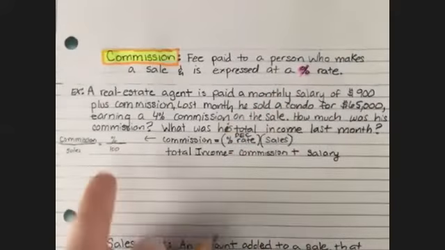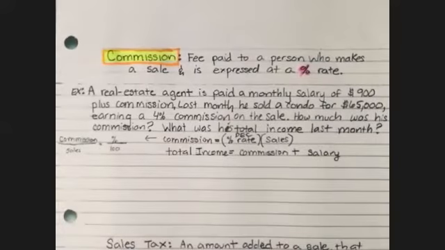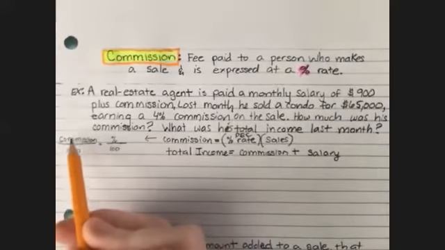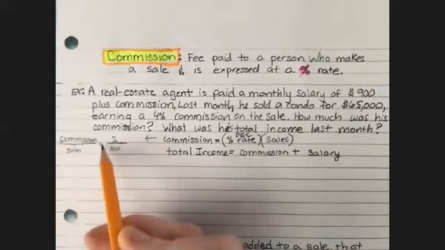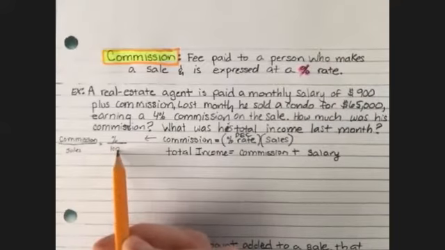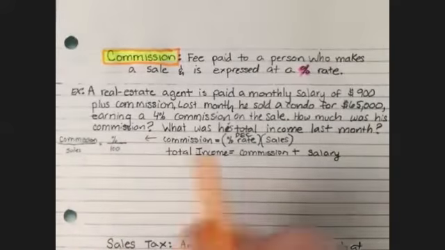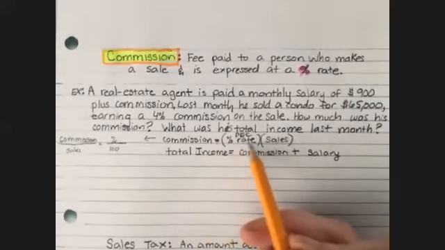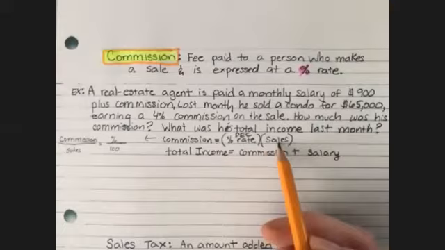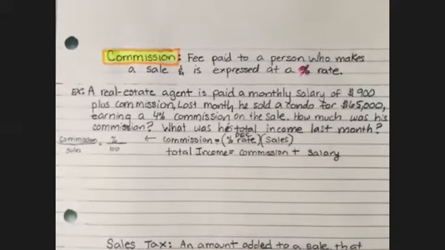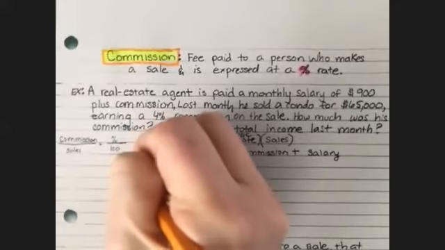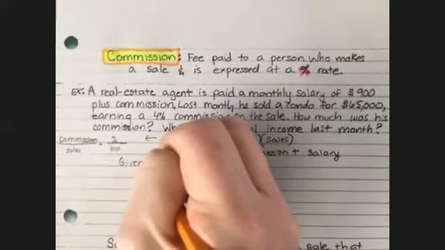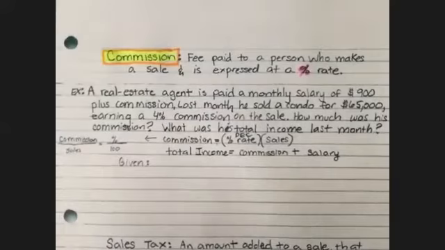All right, well, there are two ways you can do this formula. You can do it as a proportion method where you put part over whole equals percent over 100, or you can think of it as the commission is what percent of the sales, and set it up as a multiplication problem. The first thing you need to do is to get your given, and the given is the important words that formulate the equation.